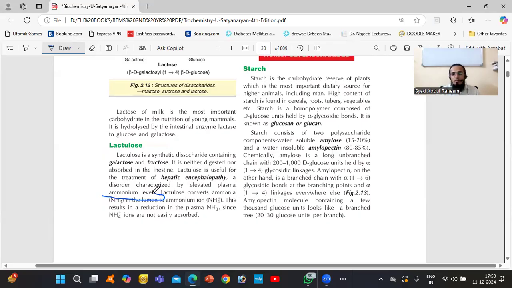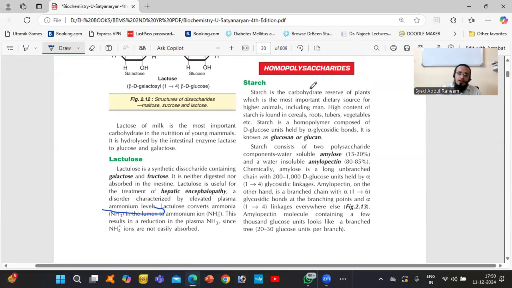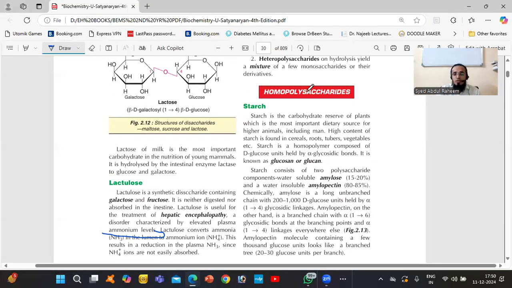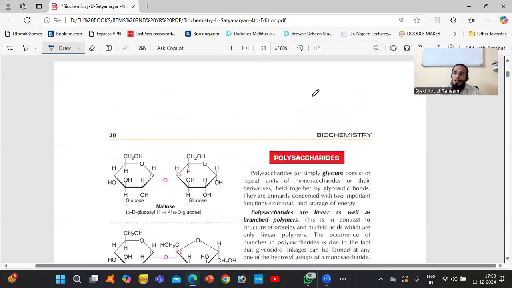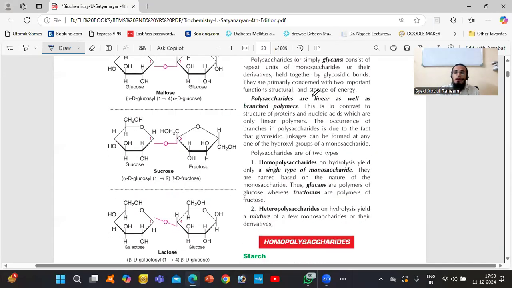Due to this ammonia level, the liver is damaged or infected. So what will happen? Lactulose will release all this ammonia and decrease the ammonia, and it will not help to absorb that ammonia in the body, because ammonia is very dangerous.